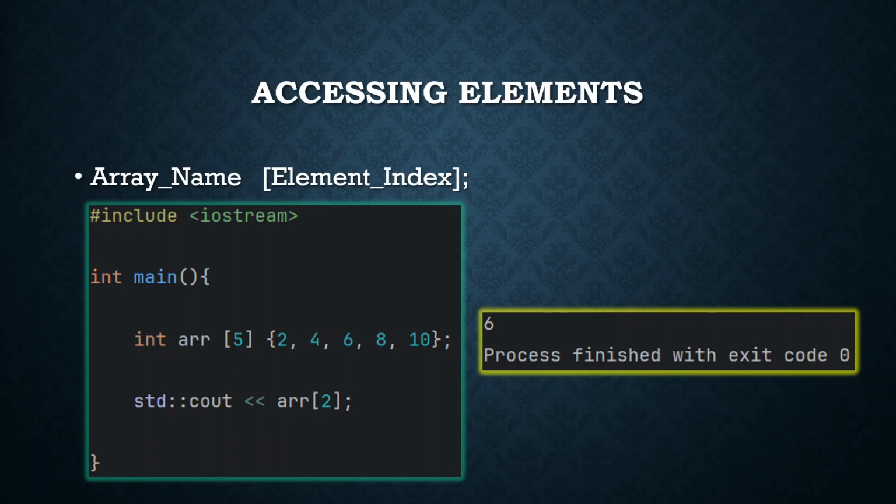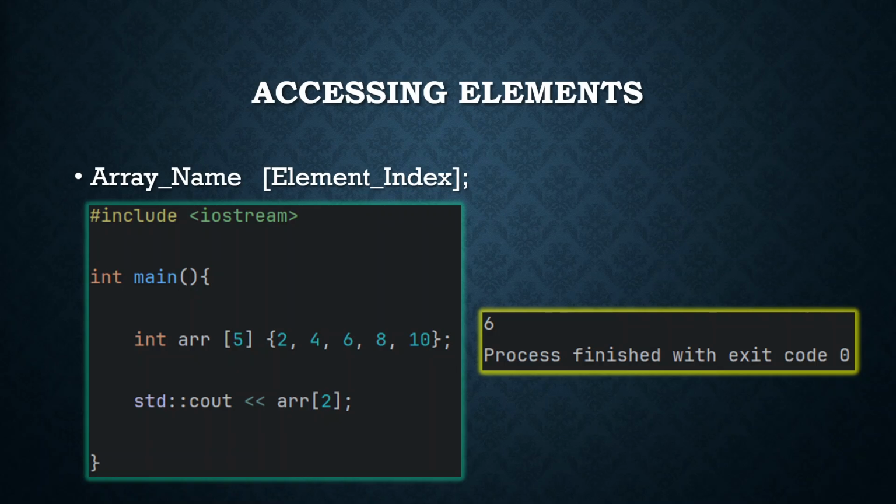In this example, we have an array named ARR, and we want to access the element with the index number of 2. The element, or the integer, with the index of 2 is 6. We print it out by saying cout, the array name, which is ARR, followed by the index in brackets. As you can see in the program output, it outputs 6.